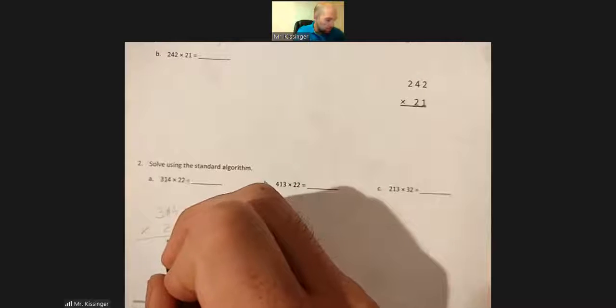And first, we're going to multiply 314 times 2. 4 times 2 is 8. 10 times 2 is 20. 3 times 2 is 6. So we have 628, plus. Now we need to multiply it by 20.